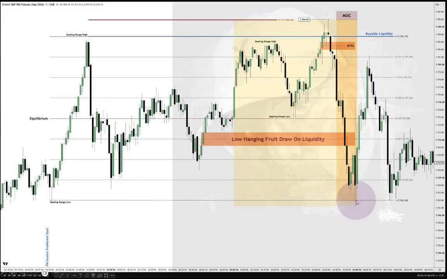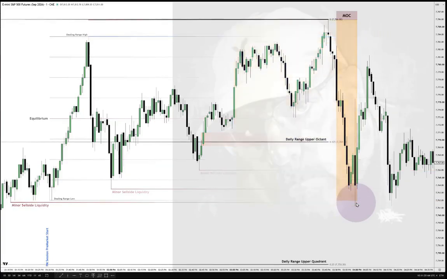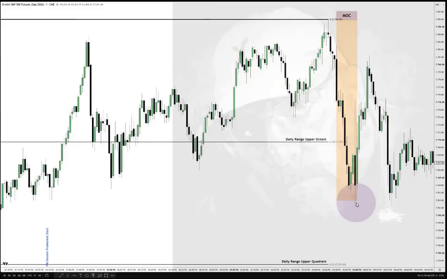Now, let's go into the science behind it a little bit better than just what I've shown. Minor sell side, taken. Minor sell side, taken. Minor sell side, taken. See that? Remember that range I told you about at the beginning that was measuring the high and the low of the day? If this is going to print as the high and it starts to break down and we get that qualifying run off of the inversion fair value gap, we'll say that you use this, okay?